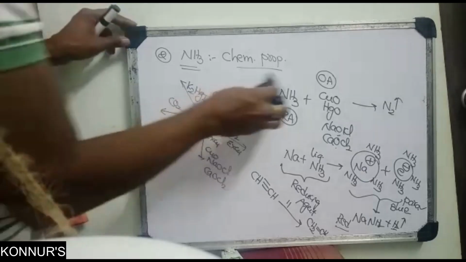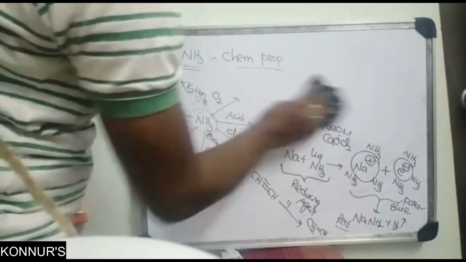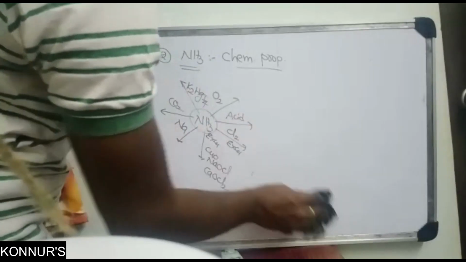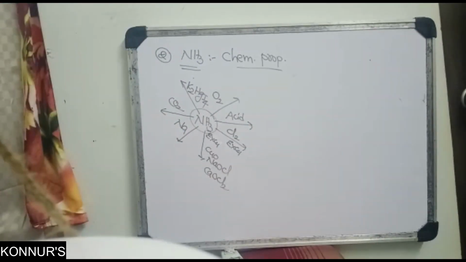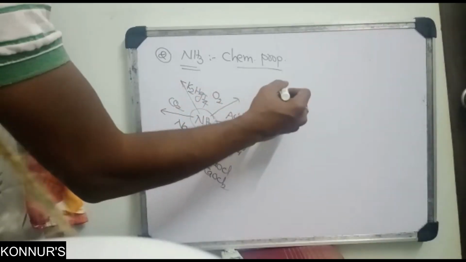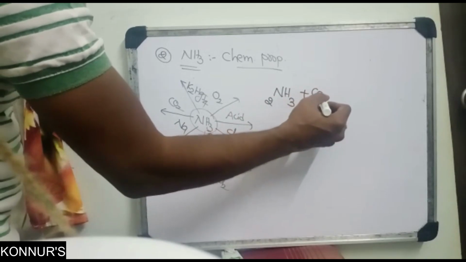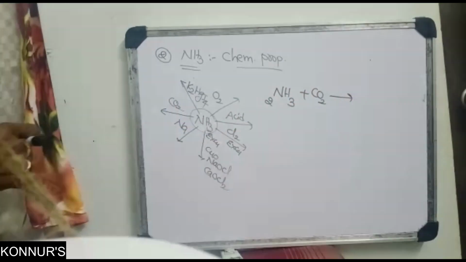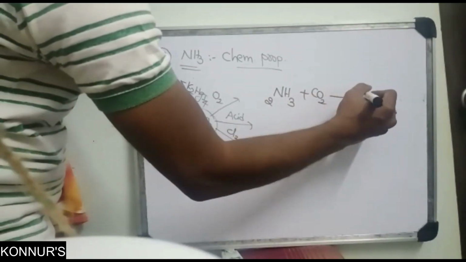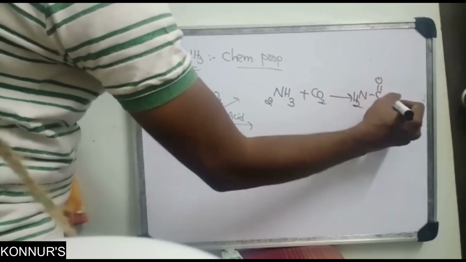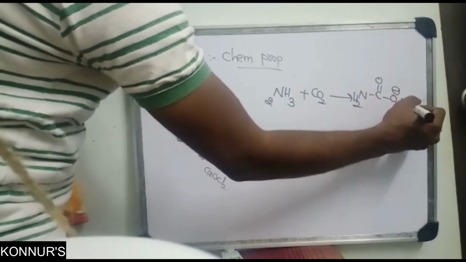Next, ammonia reacts with carbon dioxide. So 2 moles of ammonia react with carbon dioxide. First you are getting NH2COO NH4 plus.